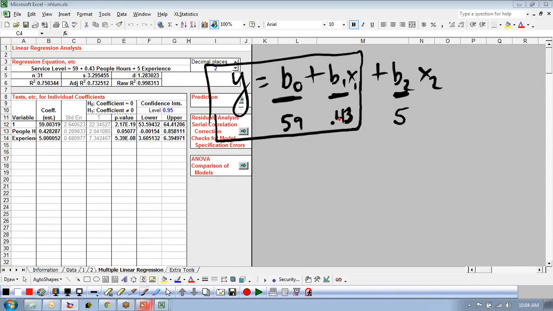So if we add 10 people hours, we bump that 59 up to, I guess, 63.3, which is 59 plus 4.3. And it also says plus 5 for every level unit of experience that we put in there, and I'm not exactly sure how that was measured, but experience level would be maybe the overall experience level in years of the group of the capacity that you were looking at.